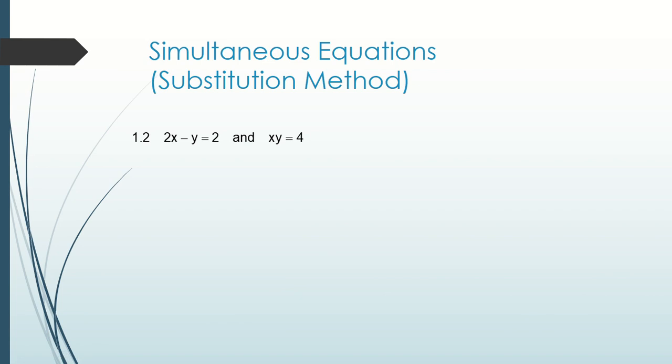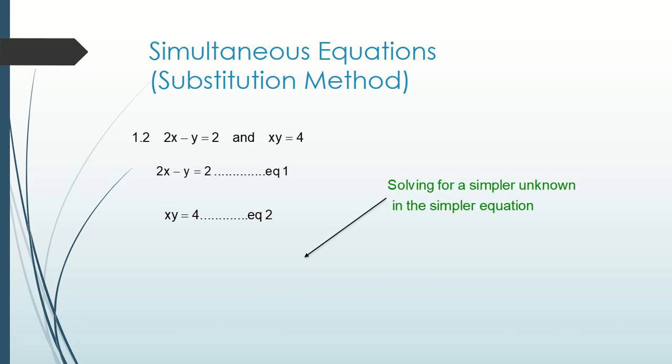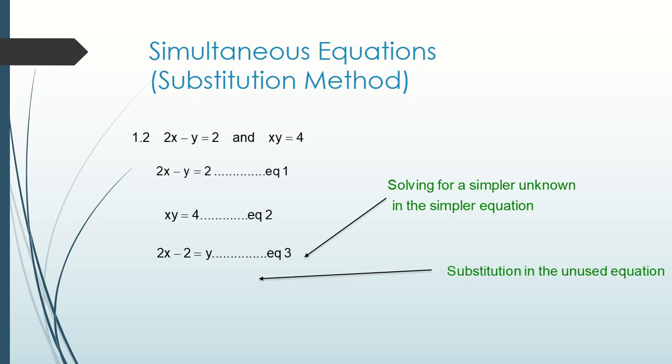For a simultaneous equation, you have two equations. You label them equation 1 and equation 2. You then take the simpler one, which is equation 1, and you solve for y. You substitute y in the unused equation 2. Then you get to your standard form.